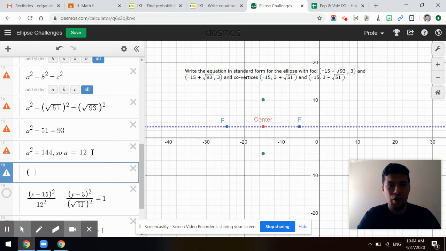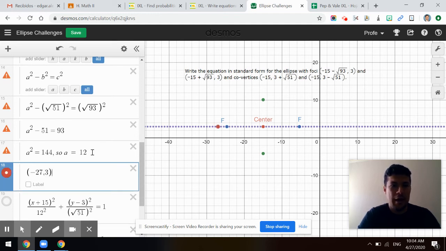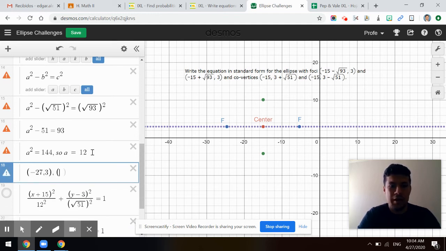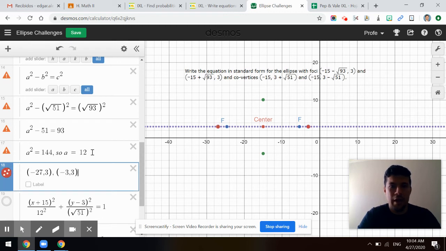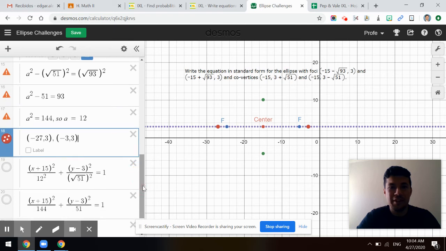So -15 minus 12 is -27, 3, and then -3, 3. Those should be my vertices because I just located that length for my major axis.